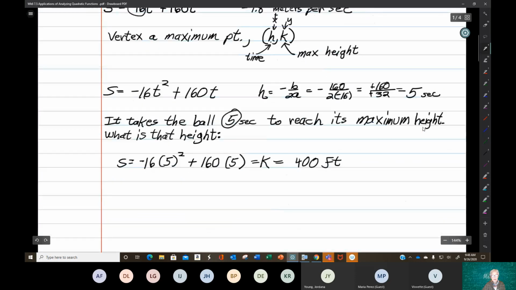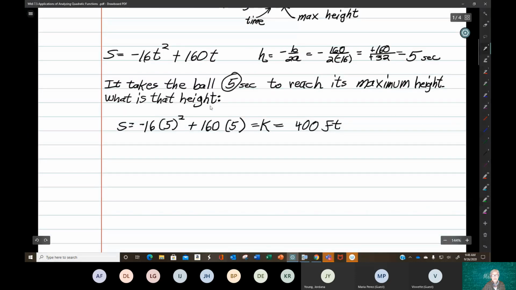You find the h, and then you insert it into t in order to find the maximum height, because it's the height after 5 seconds. That's what the maximum is. And if you want to call it a point, it's located at (5, 400).